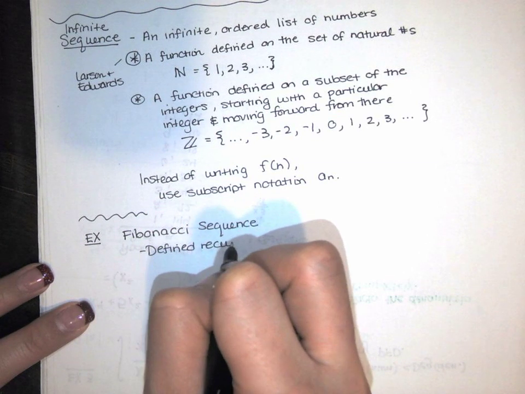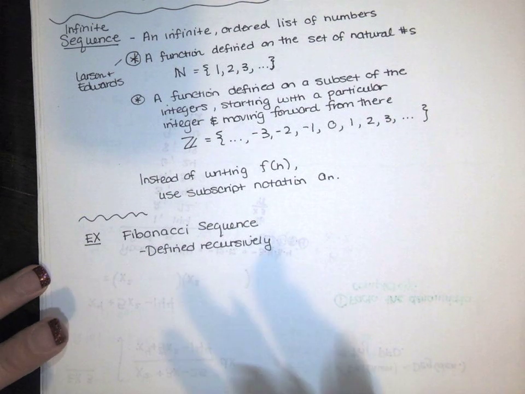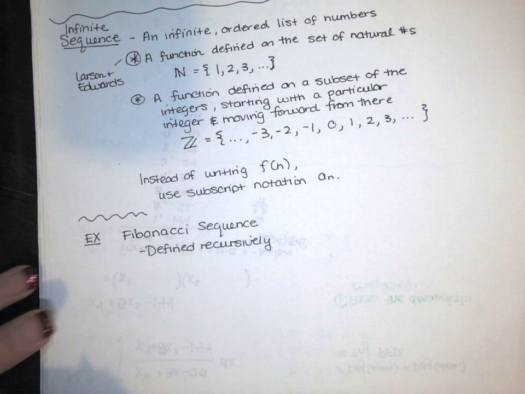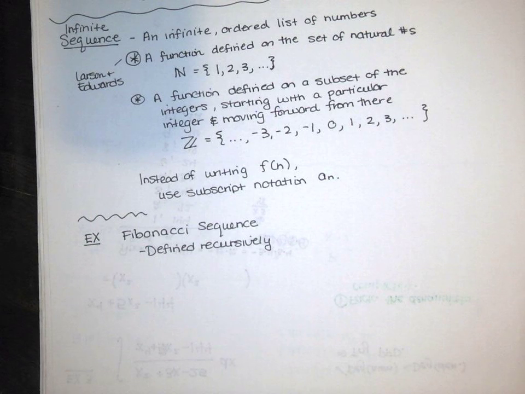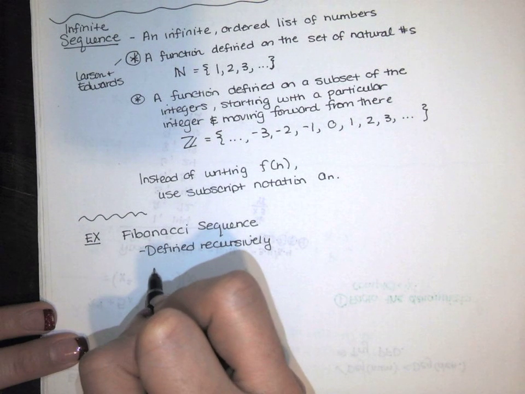The recursive definition usually gives you values of a couple of terms in your sequence, and they tell you how the other terms are related to those terms. So let's start like this.